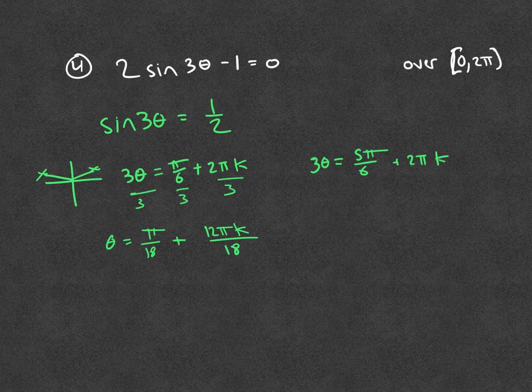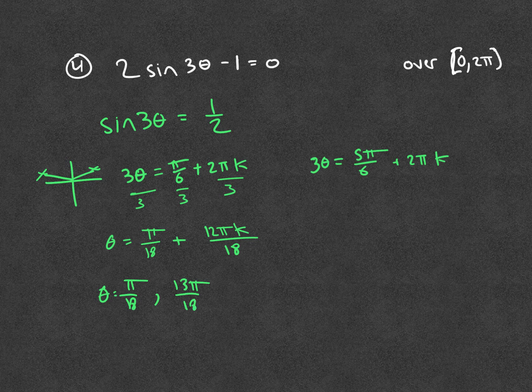And so now what I'm doing is I'm going to add 12 pi over 18 over and over and over again until I get bigger than 2 pi. And so I know one of my answers here is pi over 18. And then if I add another 12 pi over 18, I'm going to get to 13 pi over 18.